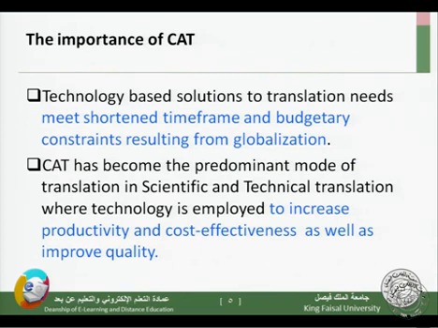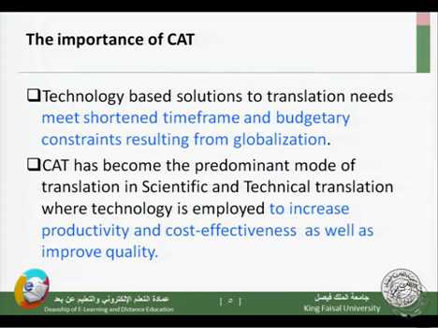Technology helps us because we need time, and the technology helps us to do things in a shorter time, and it helps us to do things cheaper. And especially nowadays, this is as a result of globalization. They need things quickly, they need things cheaply, if it means lesser price.